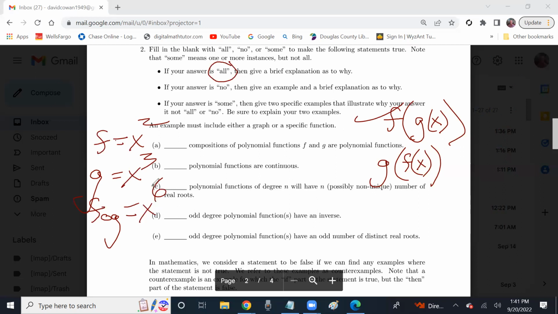So we know at least some are. So now we can cross that one out because we found one. So it's either some or all.